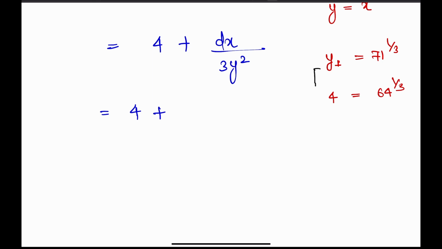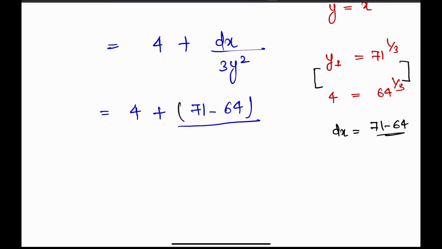So tell me del x. What is dx? dx will be nothing but 71 minus 64, divided by 3 into y square.